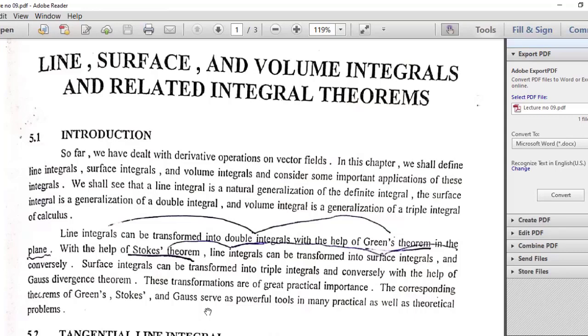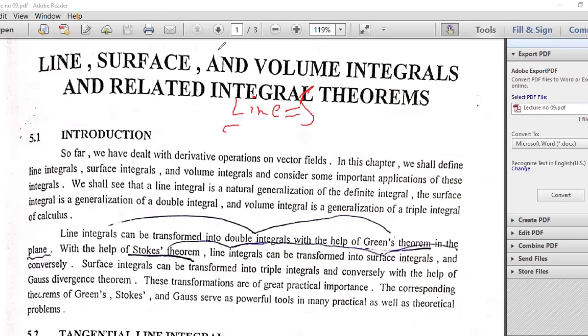Students, you should keep three things in mind. First of all, when we discuss the line integral, then in the back of the mind we keep the first integral. Okay.